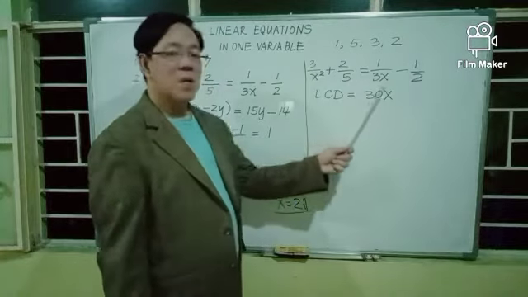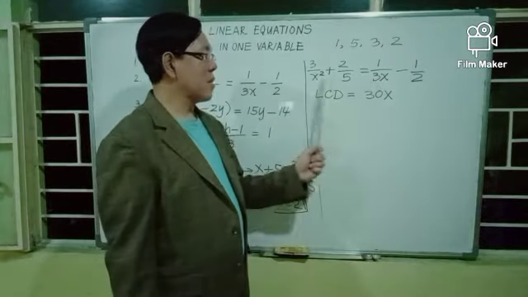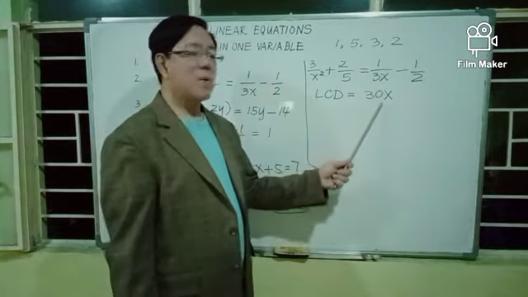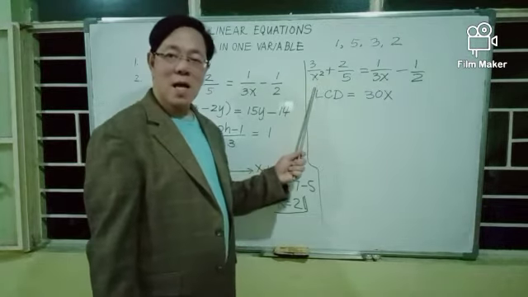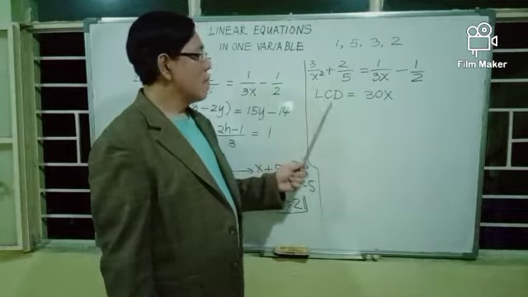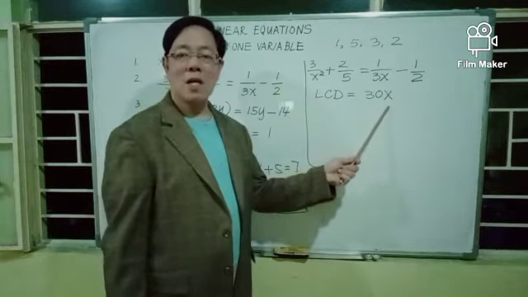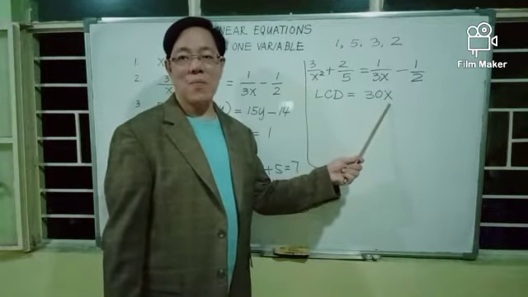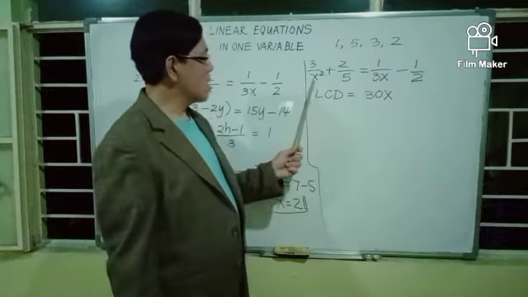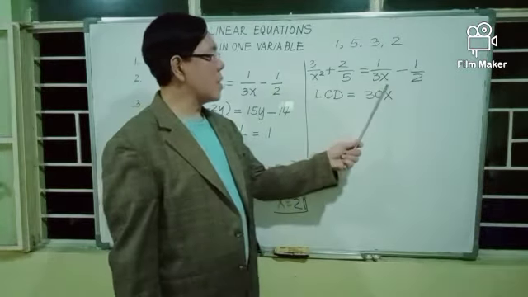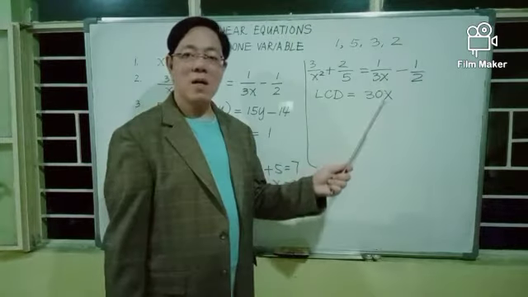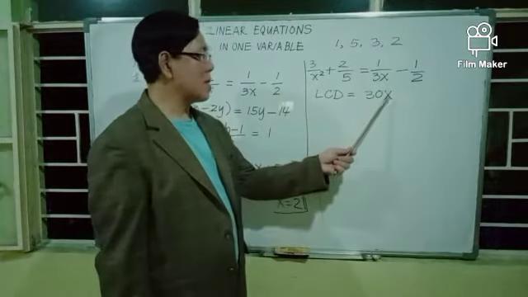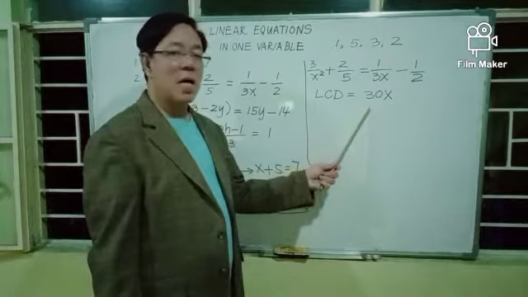In this example, there is only one variable that appears in the denominator, and that variable is x. Now suppose the denominator of 3 is not x but x squared. For the LCD, you take the highest exponent of x. Here the exponent of x is 2, here the exponent of x is 1. And between 2 and 1, the higher exponent is 2. So you write here, x squared multiplied by 30.